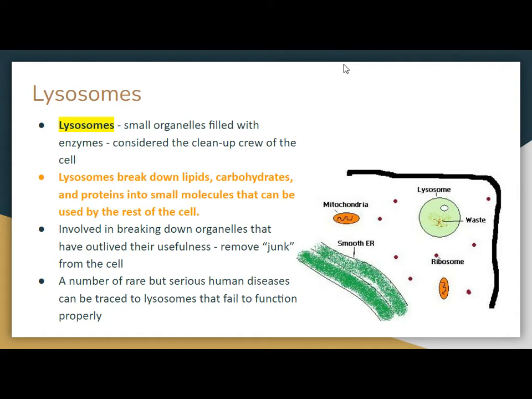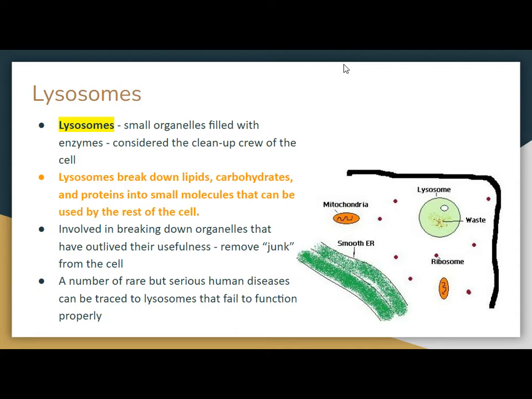They also, like I said, break down organelles that are kind of getting old or outdated or really aren't doing their job. It's going to remove junk that's in that cell, and it's going to just, like I said, break it down into smaller pieces and then redistribute those pieces back out into the cell so that it can be recycled and reused.